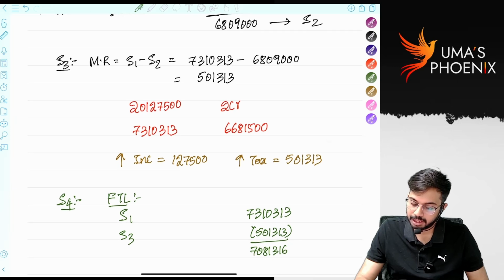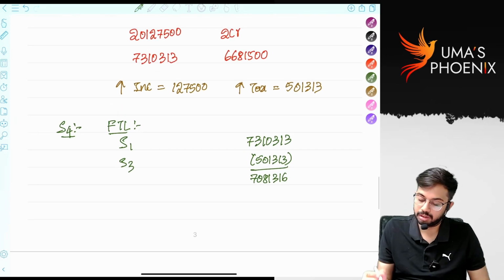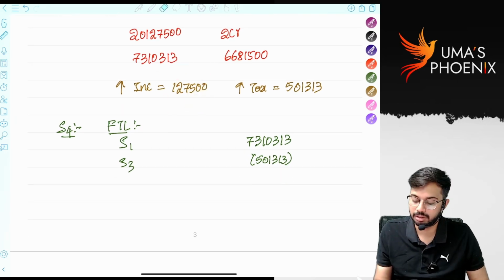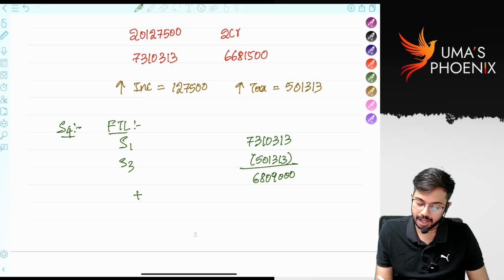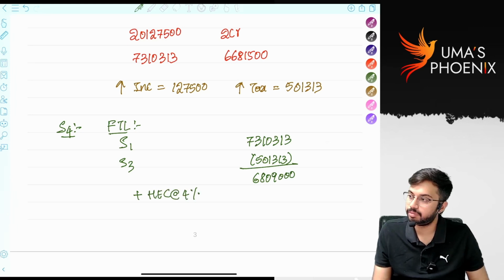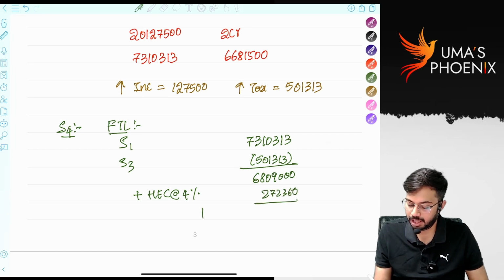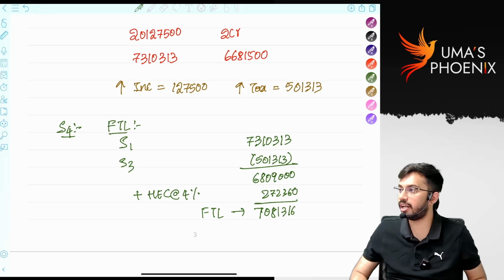Step 1 minus step 3, right? To this we will add HEC at the rate of how much? 2,72,360. How much is final tax liability? 70 lakh 81,360.